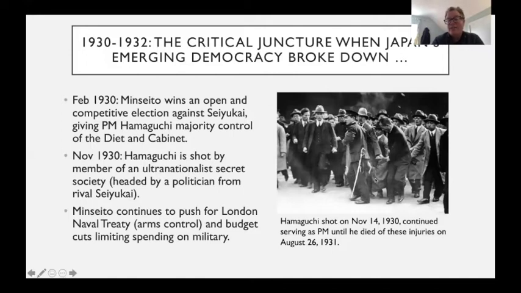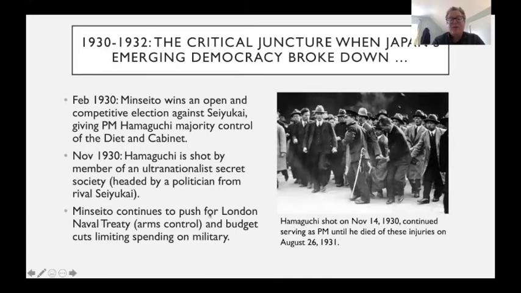Hamaguchi did not die immediately. He was gravely injured, and he was suffering and unable to serve as prime minister for a while. But while he limped along, his deputy, the foreign minister Shidehara, stepped into the acting prime minister role and continued to pursue the party's policies.